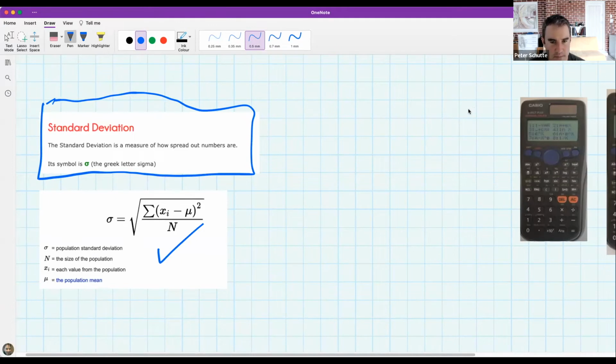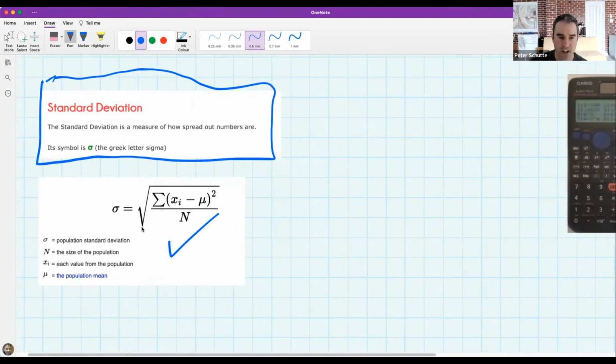Okay, so there's quite a mixture in the group. Some of you have seen it before, some of you haven't, so I'm going to go a little bit more slowly. This fancy looking equation, in reality, what do you actually need to know?